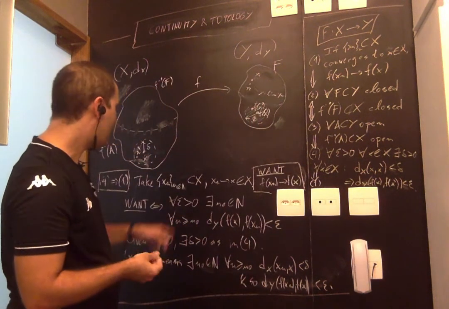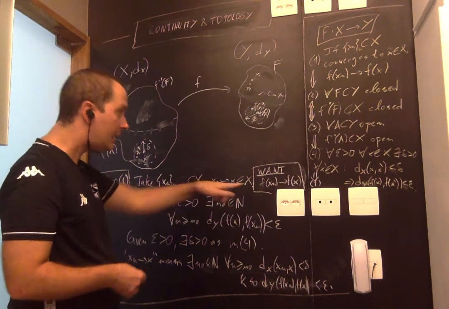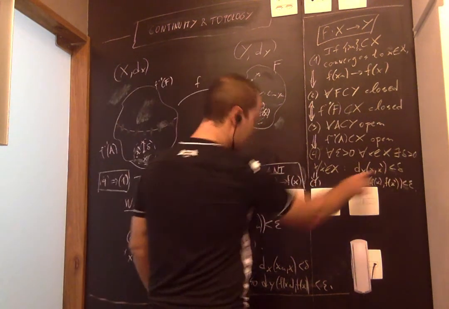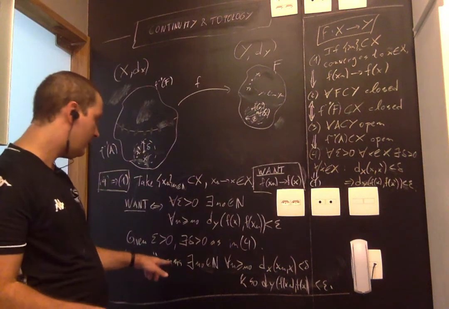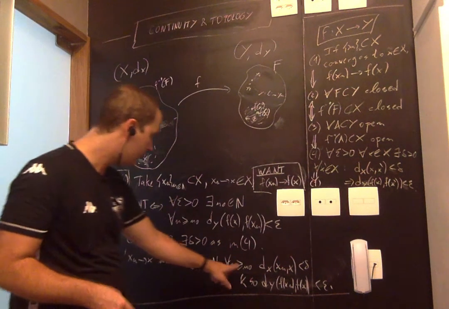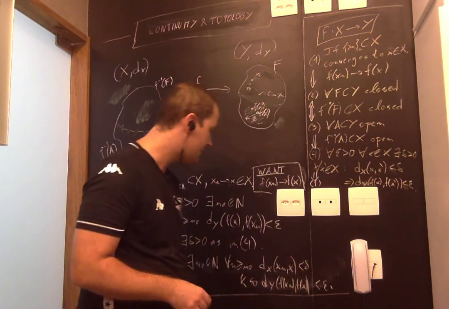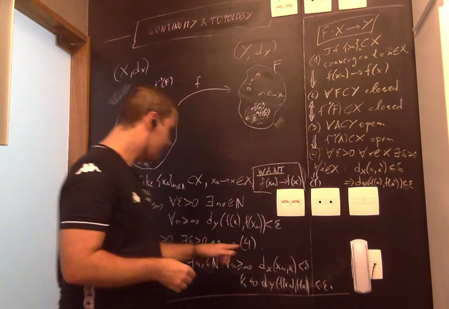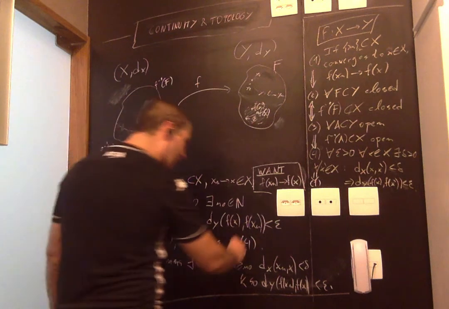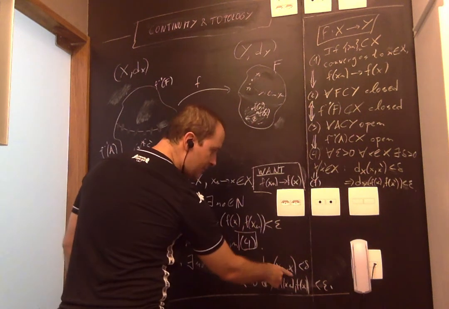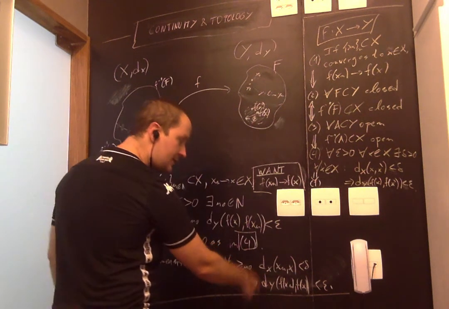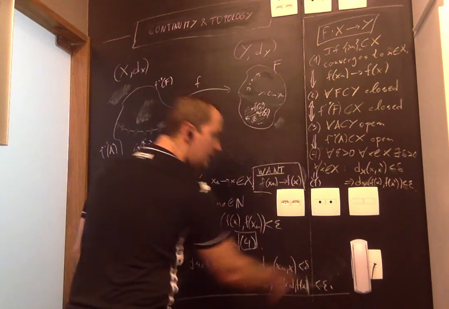Now, because the sequence x sub n converges to x, the points in the sequence satisfy this condition for all large enough n. So for all n larger than some n naught, the distance from x sub n to x is less than delta. And then I'm applying property 4: if the distance of x sub n to x is less than delta, then the distance of f of x sub n to f of x is less than epsilon.